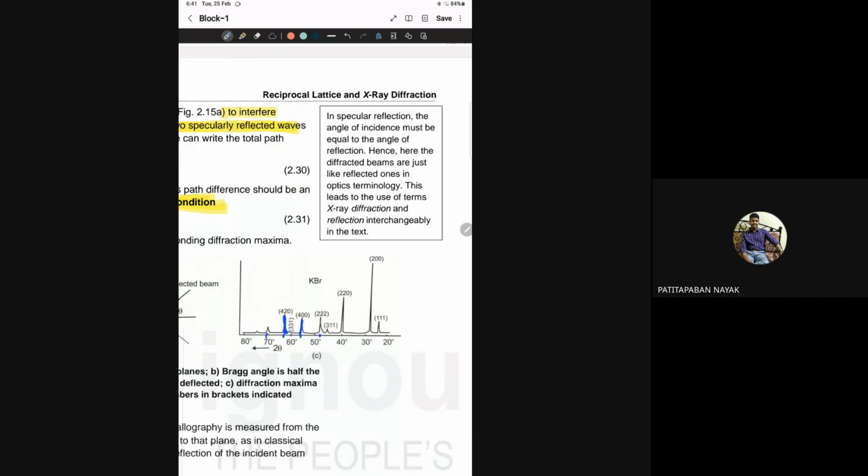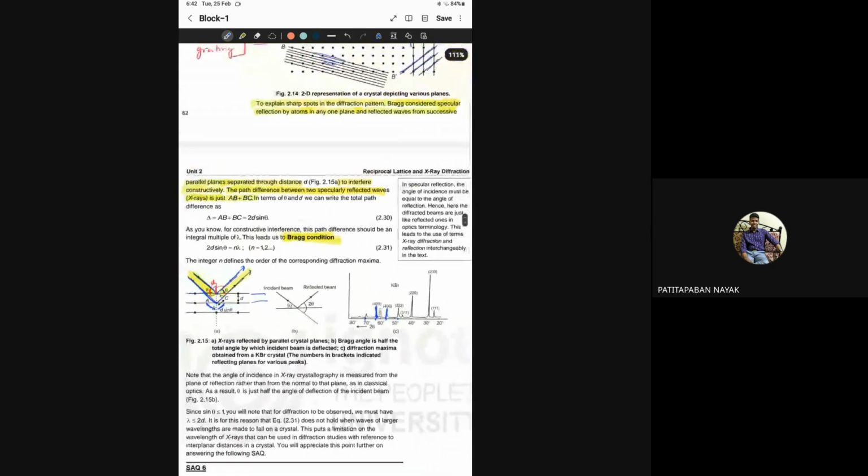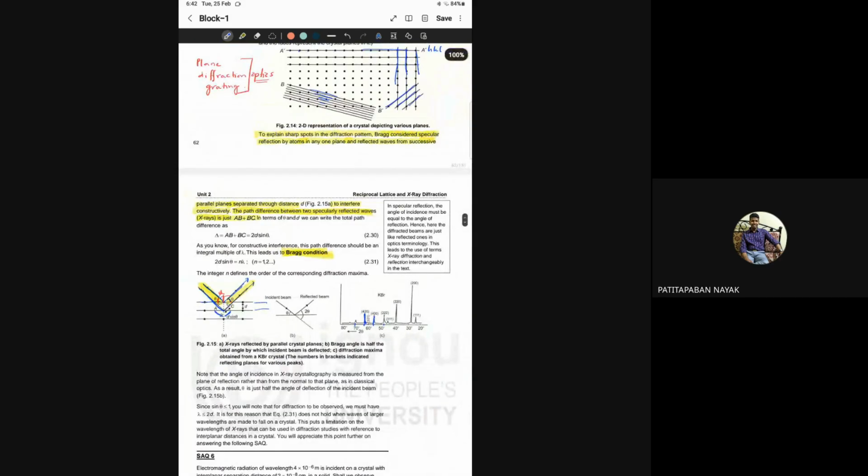In other cases, there is no energy or no light. That's why I told you these are comparable to the diffraction pattern you get in the case of a plain diffraction grating. But here, instead of just one grating, there are different gratings in different directions.